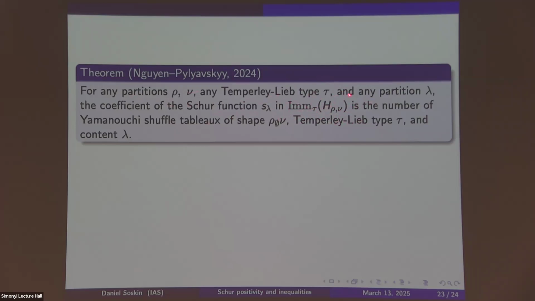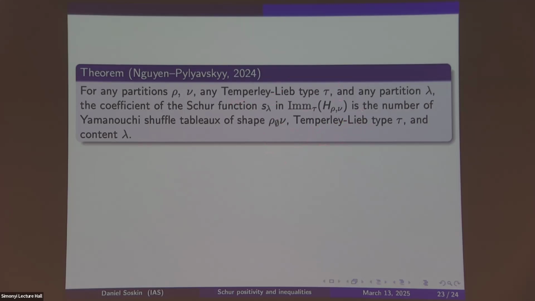So if we fix tau, and fix some Jacobi-Trudi matrix H rho nu, we can expand the evaluation of this immanent on that matrix in Schur basis, and there will be some coefficients. There is a quite technical combinatorial interpretation of these coefficients. I don't want to give too many definitions to describe it, but we do have this combinatorial interpretation.